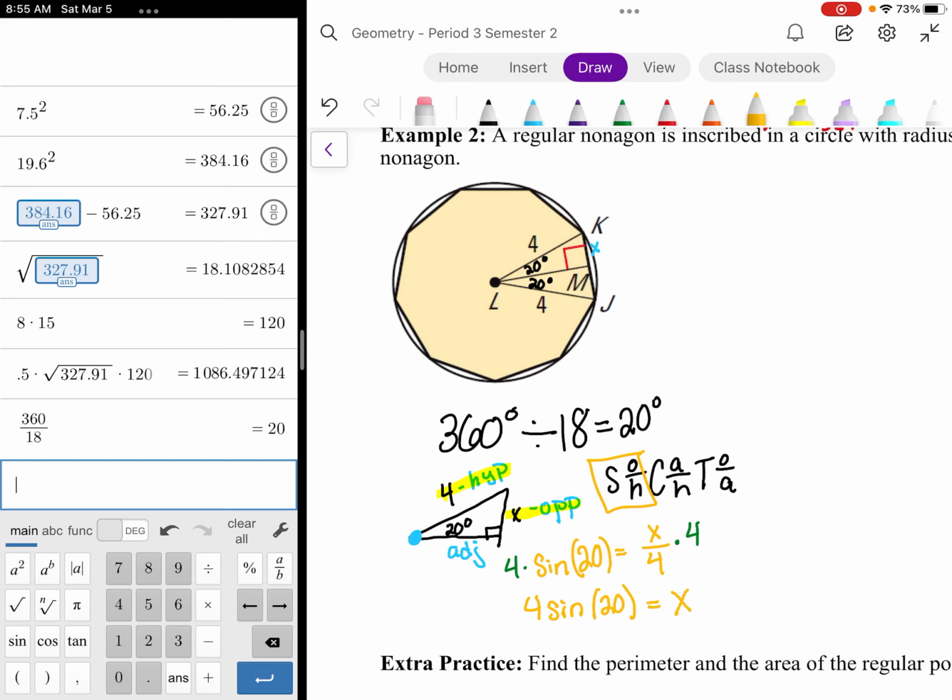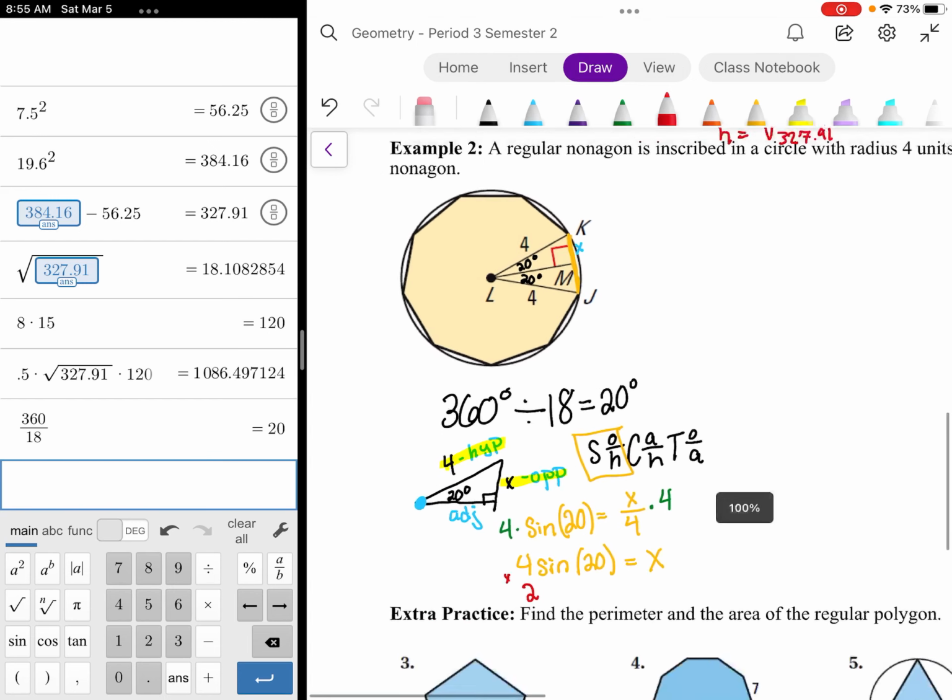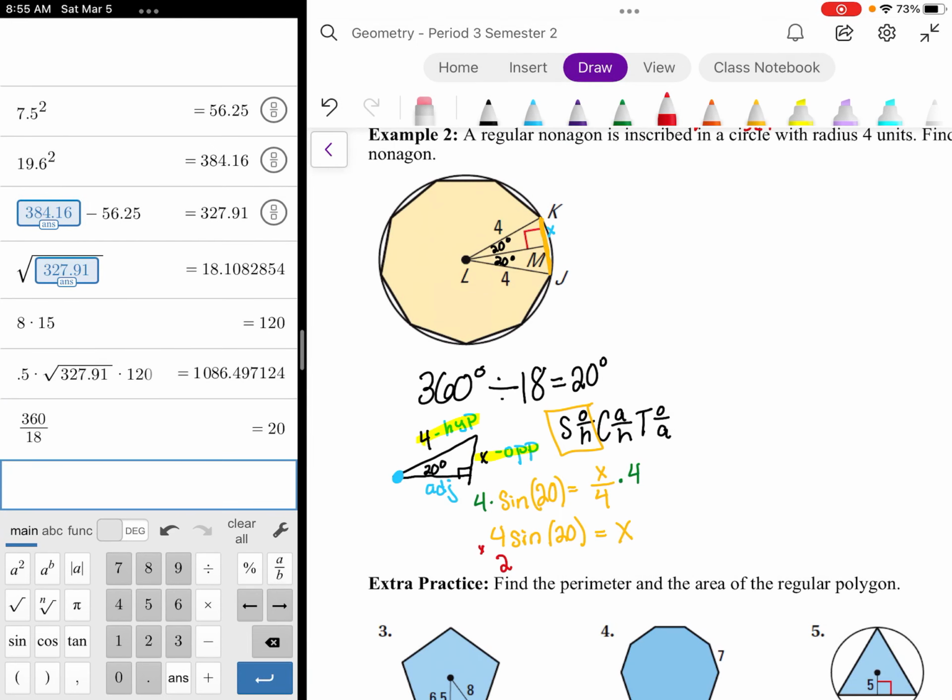So that gives us this one little side length. And if we want the full length of this base here, we're going to have to multiply that by 2. So if we take that times 2, we would end up with the base of this, or one side length, being 8 sine of 20.